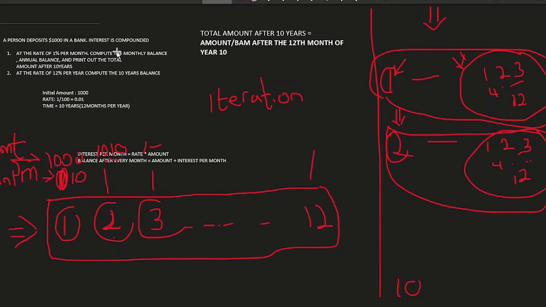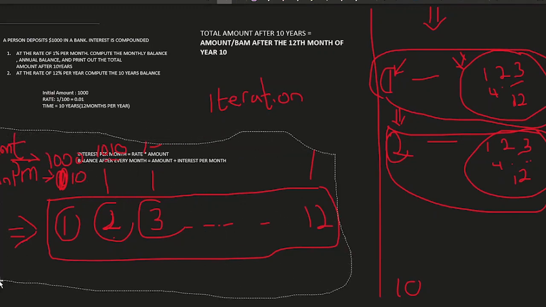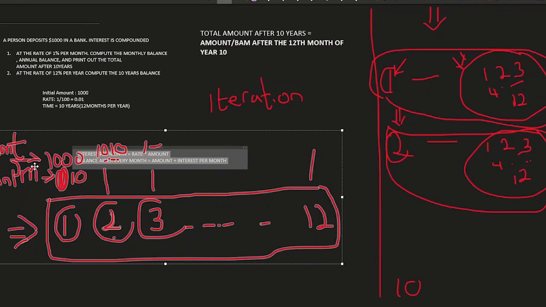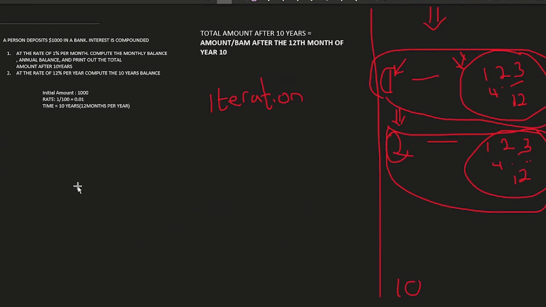So let me clean this up because we don't have space on our drawing board again. Let me delete everything here. Now the question is, at the rate of 12% per year, we have a new rate. Okay, let me use the pen for that.